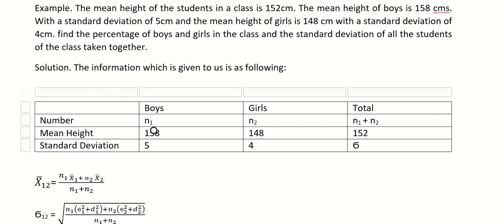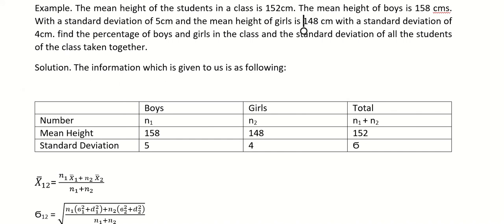Because the number of boys is not given to us, the mean height of the boys is 158 and the standard deviation is 5. Of girls also, the number of girls is not given to us. Mean height of girls is 148 and the standard deviation of girls' height is 4, as given.